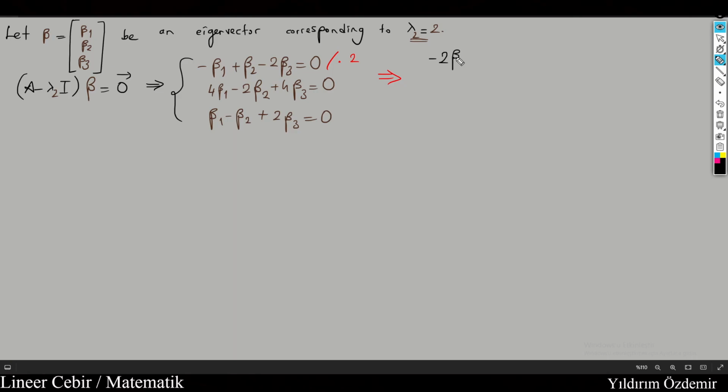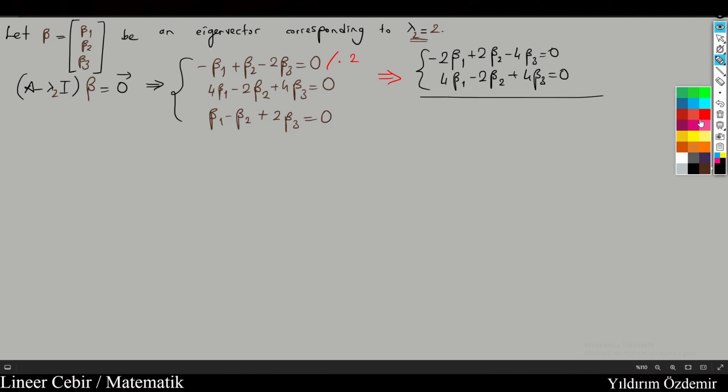Minus 2 beta 1 plus 2 beta 2 minus 4 beta 3 is equal to 0. 4 beta 1 minus 2 beta 2 plus 4 beta 3 is equal to 0.